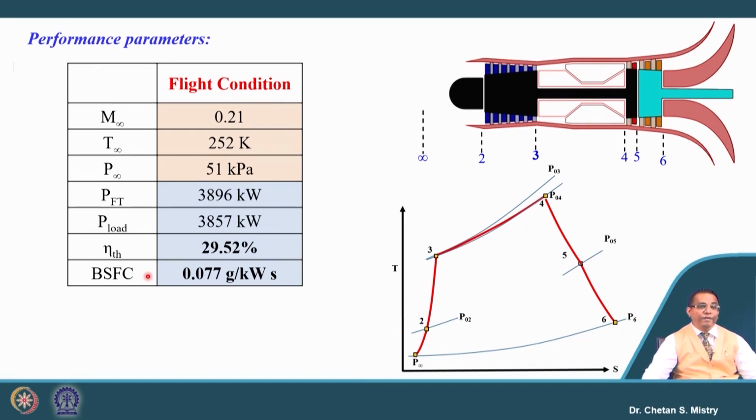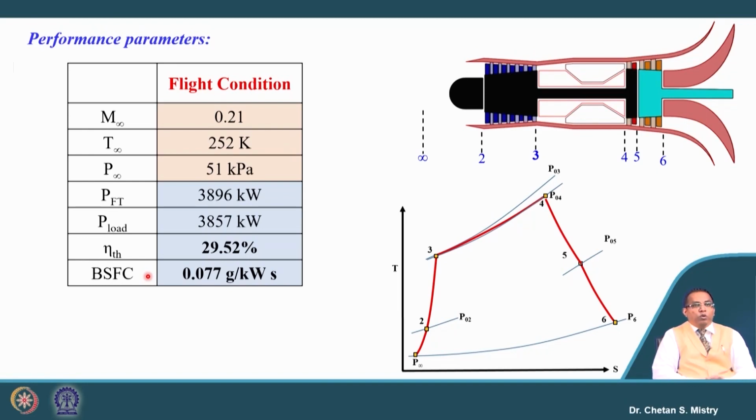The power available for rotation of the main rotor of the helicopter will be around 3857 kilowatt. The efficiency we have calculated is 29.52%, and the brake specific fuel consumption we have calculated is 0.077 gram per kilowatt second.